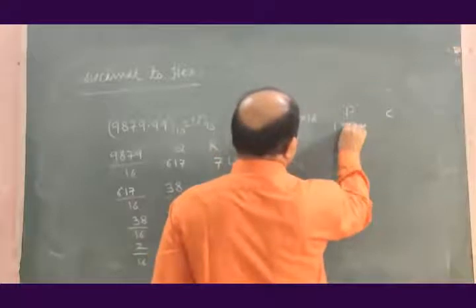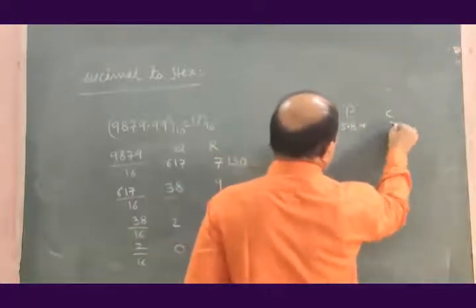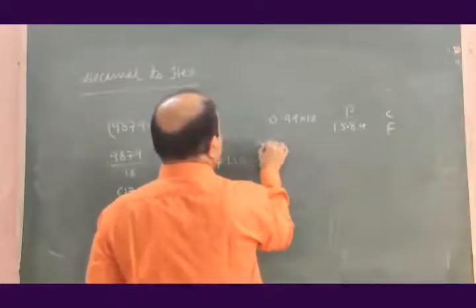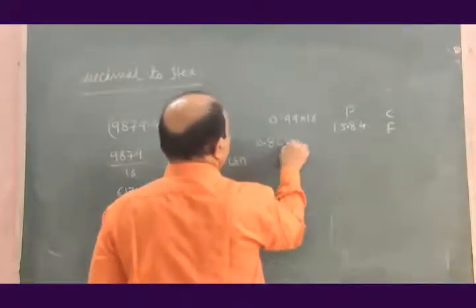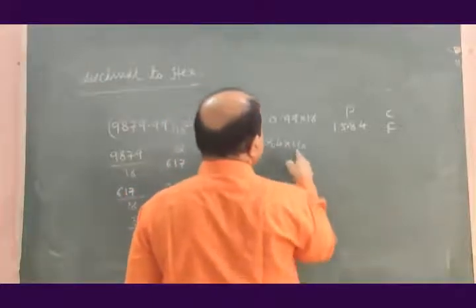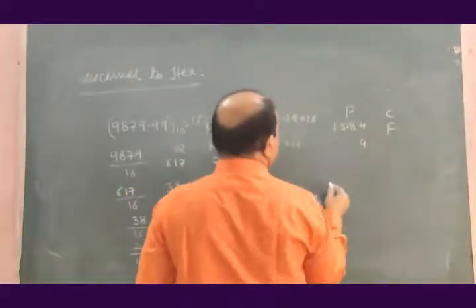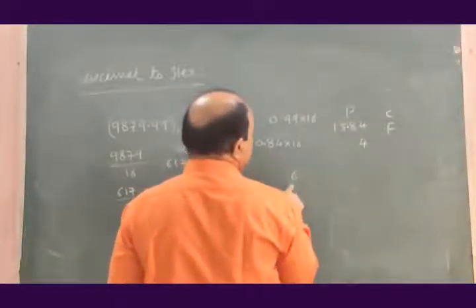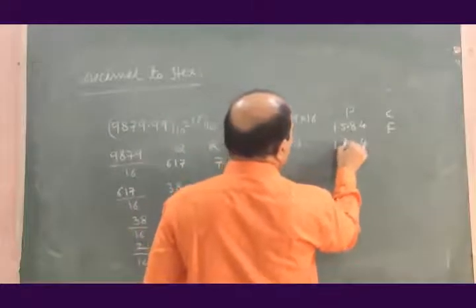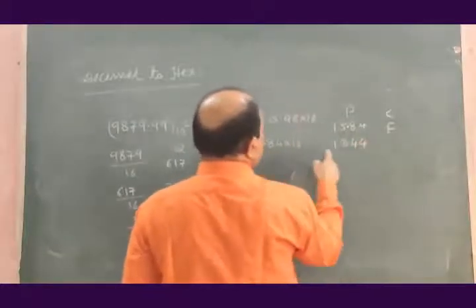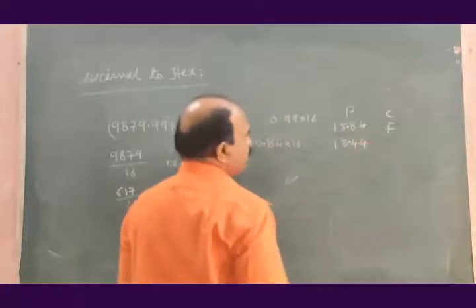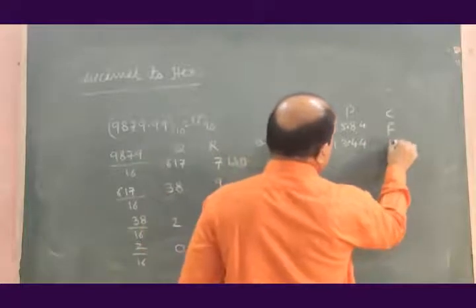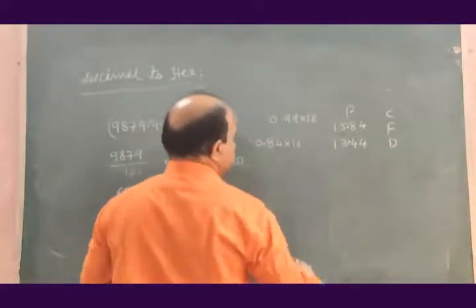Decimal point after 2, carry is F. Then 0.84 multiply by 16, 4 carry 6, 128 plus 6, 134. Decimal point after 2 digits, carry is D.